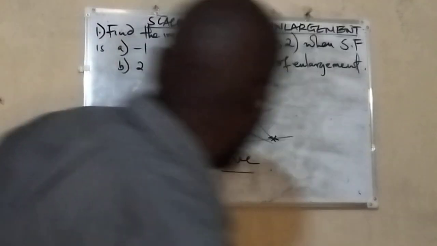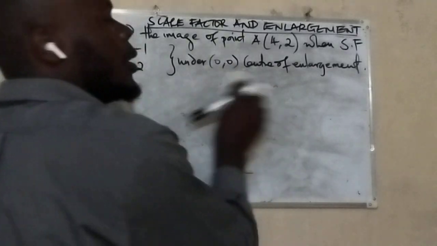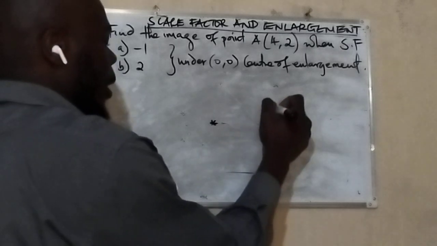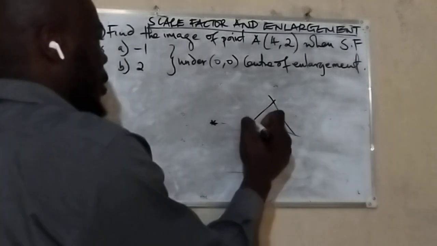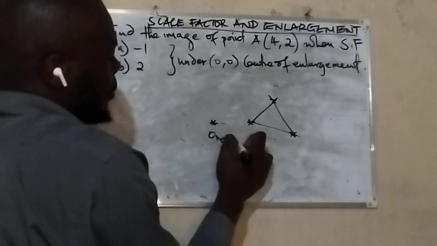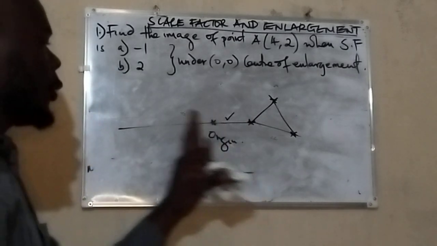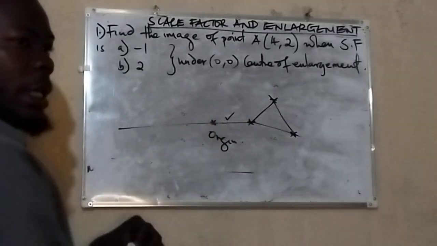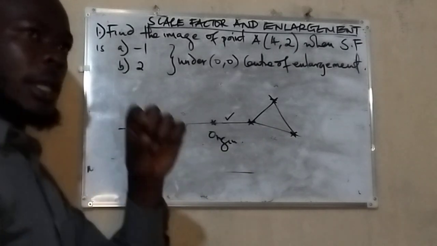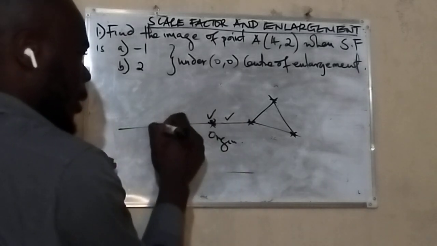Now what about if you have a scenario where you have a negative scale factor? Let's say this one is your origin, then you have your triangle here with vertices. You measure this distance, but now the image will be on this side. If it is negative 2, you measure this distance, multiply by 2, then measure that distance from the origin here, and it lands on this side.